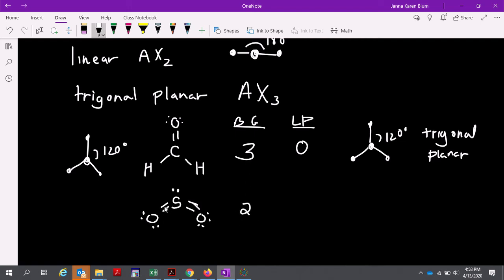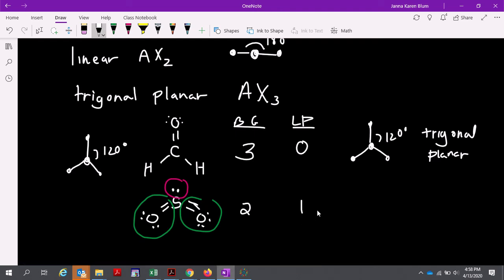Remember, we do not count the number of lines. So if I'm going to look at my groups going around that sulfur, I got 1 group here, and one group here. And then in the middle here, I have my lone pair. So that's my 3 electronic groups. And I have one lone pair.